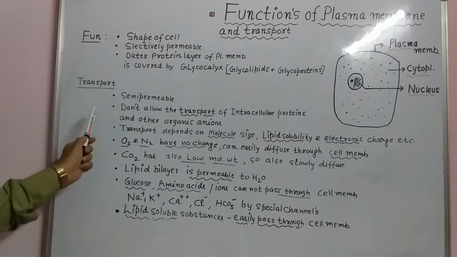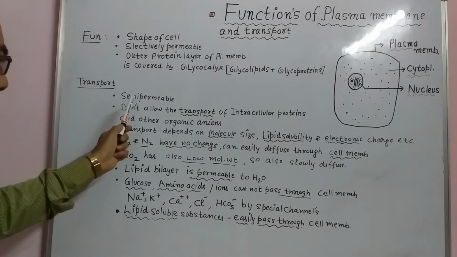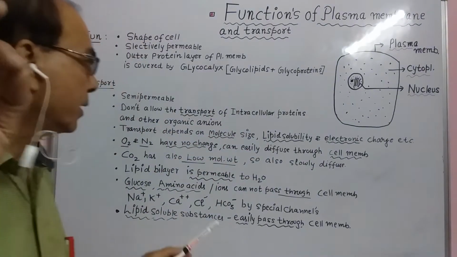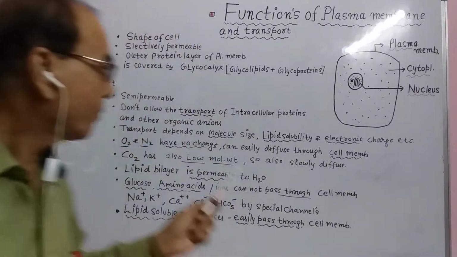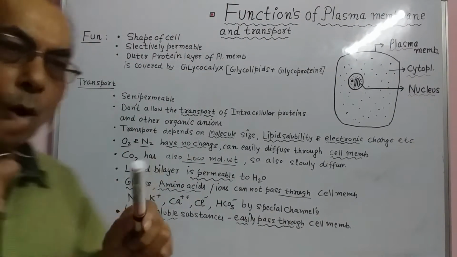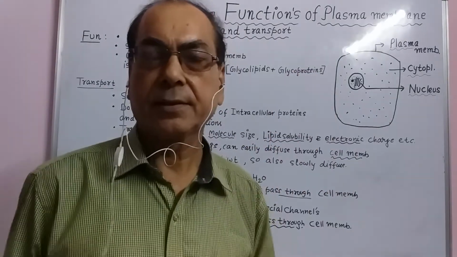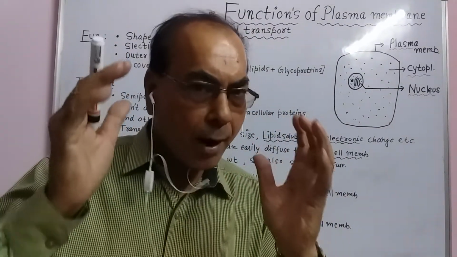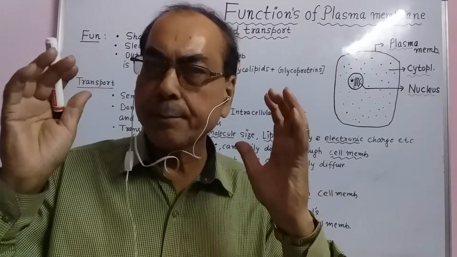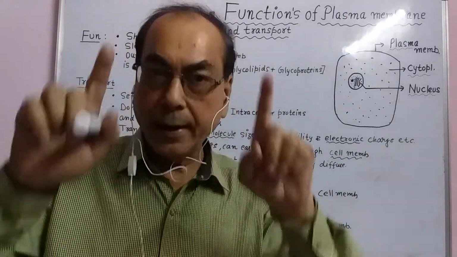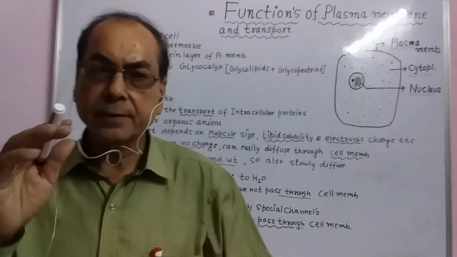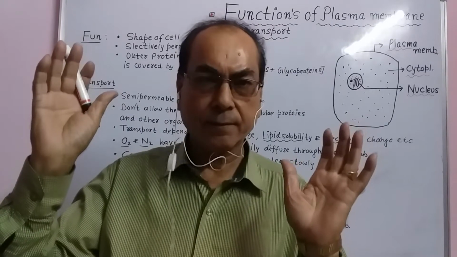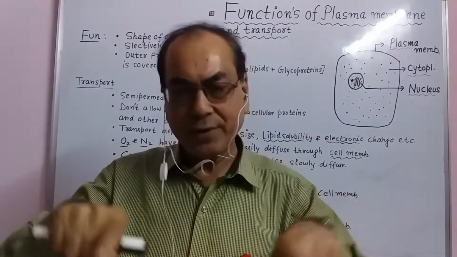Secondly, it doesn't allow the transport of intracellular proteins and other organic anions. So, what is the meaning of intra? Here you have to understand the meaning of intra and inter. Inter means between more than two cells, and intra means within the cell.